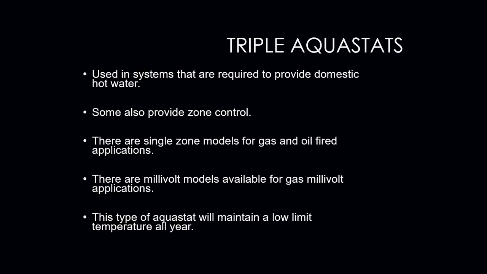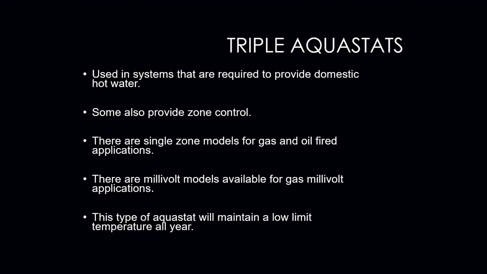You have your millivolt models for your gas millivolt applications. This type of Aquastat will maintain a low limit temperature all year round. This is really the most common of your Aquastats out there, because there are many, many places that do require heating all year round.